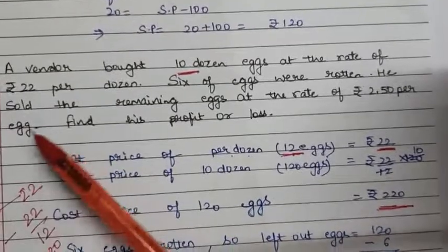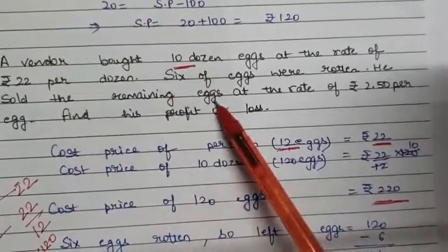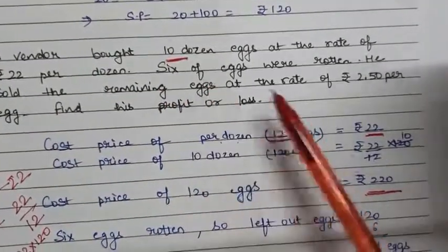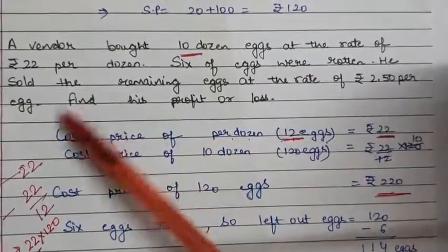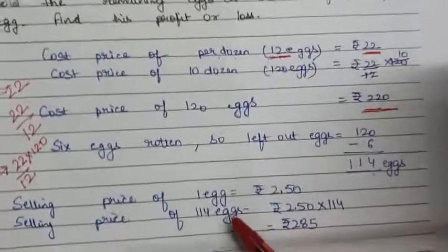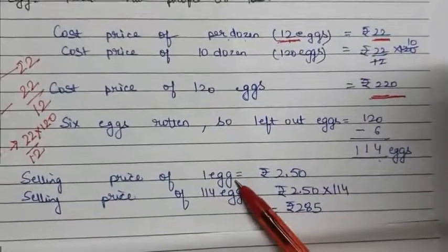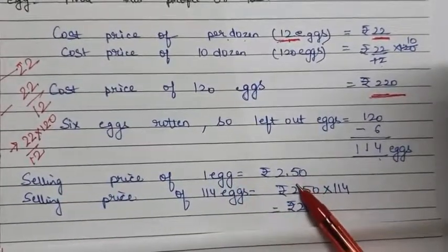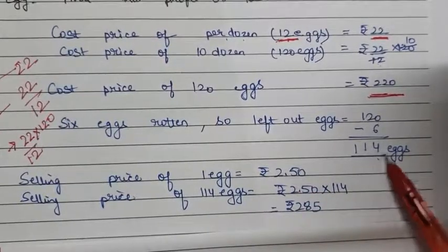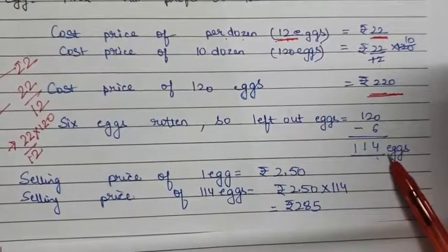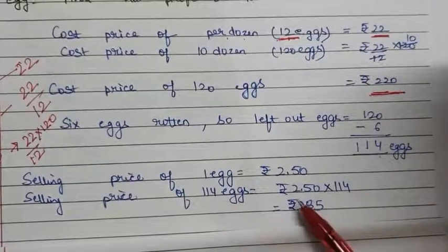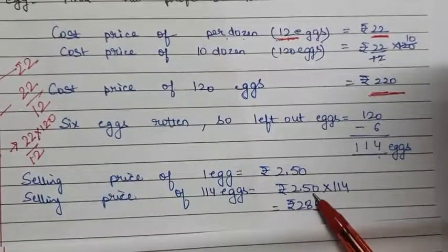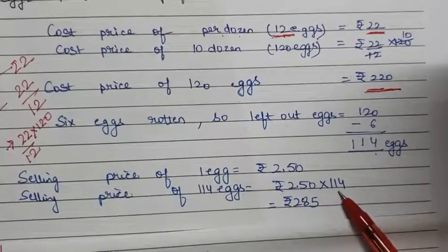He sold the remaining eggs, means leftover eggs, at the rate of 2.50 per egg. That is, selling price of 1 egg is 2.50. And how many eggs are left out? 114. So selling price of 114 eggs will be 2.50 multiply 114.